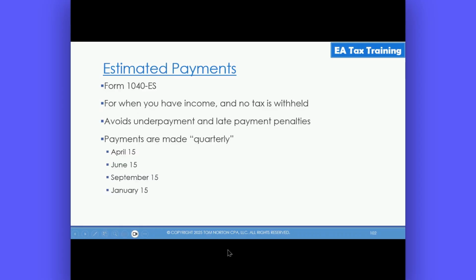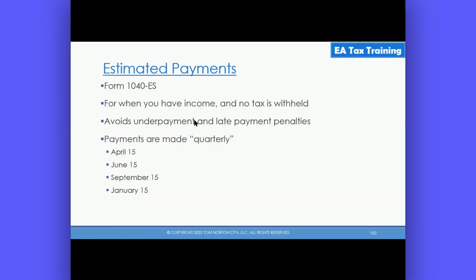Estimated payments. So sometimes you have income on which there is no withholding done. So for instance, self-employment income, not going to typically have withholding. You could have large capital gains that you had from selling some assets, not going to have withholding. So if you have those types of income or any income that you did not have withholding that is taxable, then you may want to make estimated payments.